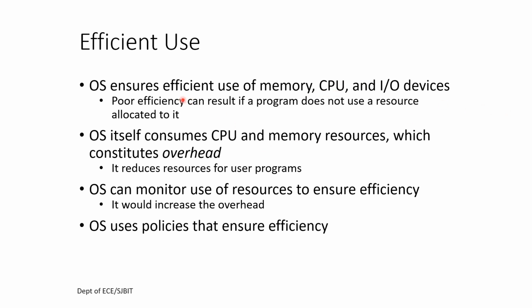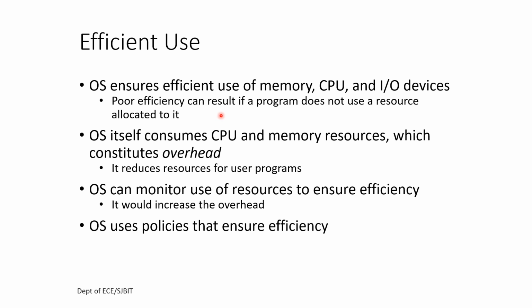Poor efficiency can result if a program does not use a resource allocated to it. For example, if the memory or I/O devices allocated to the program remain idle, such a situation may have a snowballing effect.